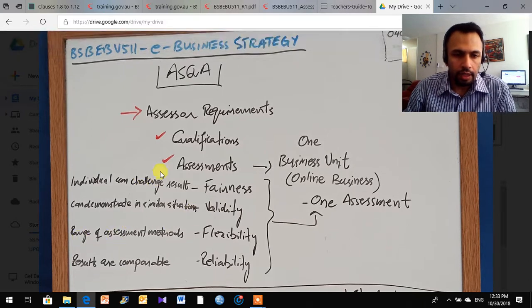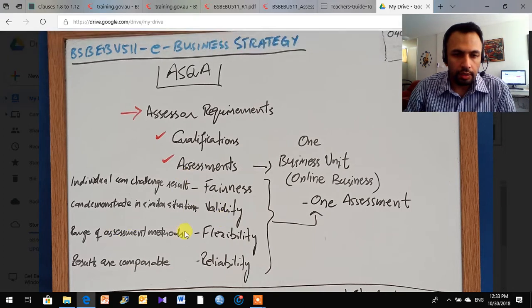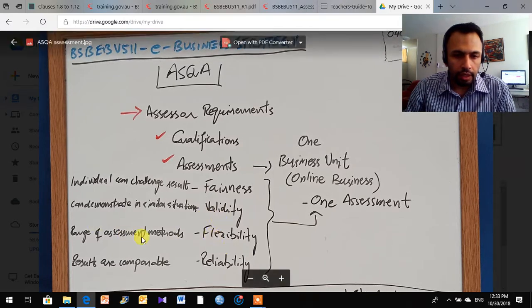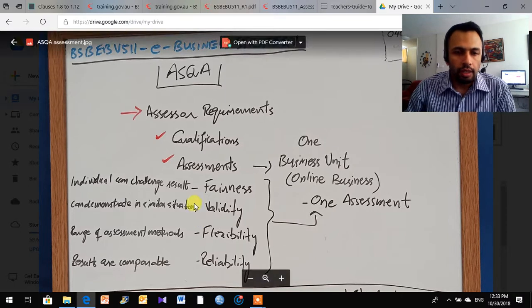Flexibility means that an assessor is using a range of assessment methods to assess the student, and reliability means that the results of the assessor are comparable against the results of other assessors, and the outcome is more or less the same.